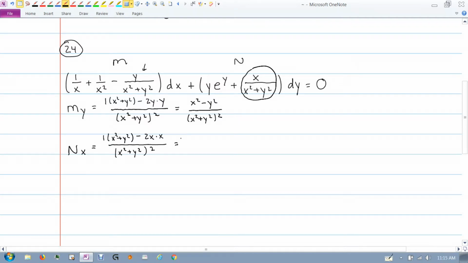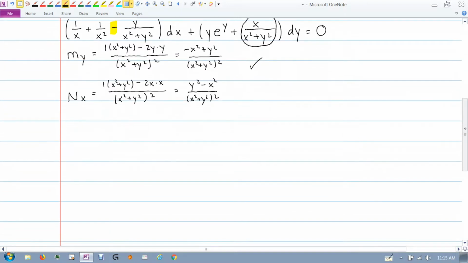So when we do this, we get x squared plus y squared minus 2x squared, which would be y squared minus x squared over x squared plus y squared squared. Now, those are off by a sign. Oh, yeah, okay, sorry. That was a minus there. So this whole guy right here needs a negative in front of it, which is going to distribute up here, make that basically a minus x squared and a plus y squared. Okay, so they do match.